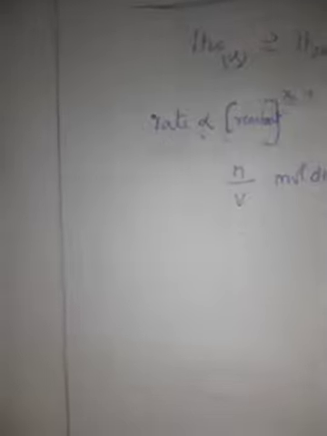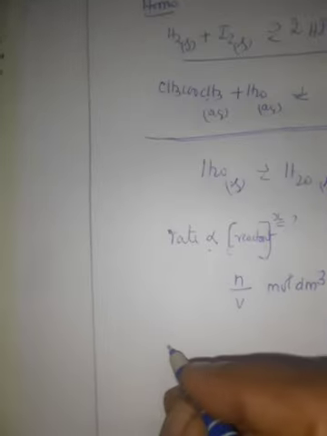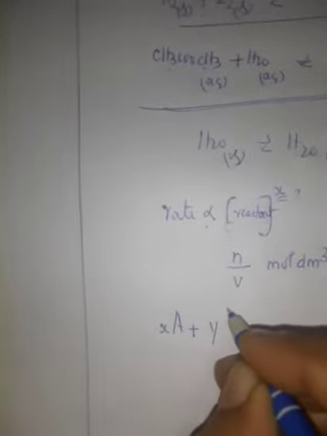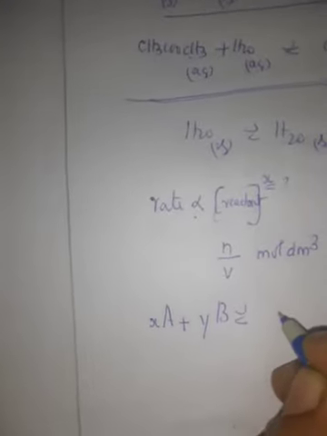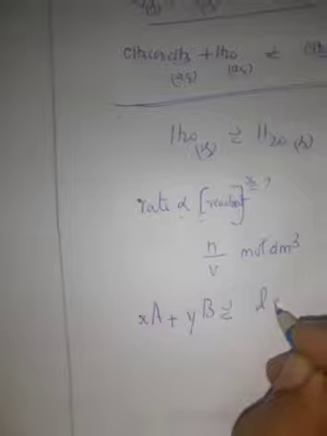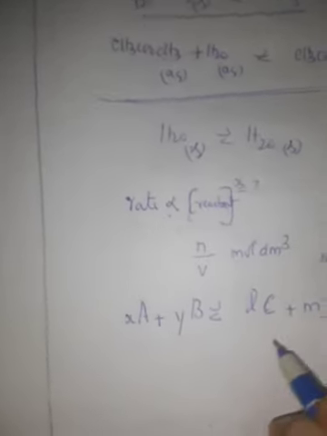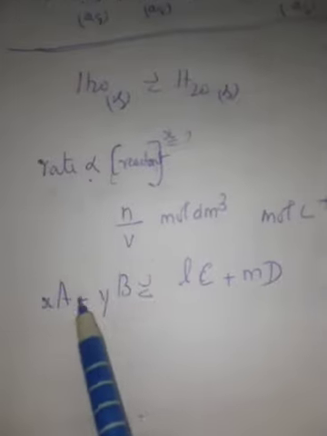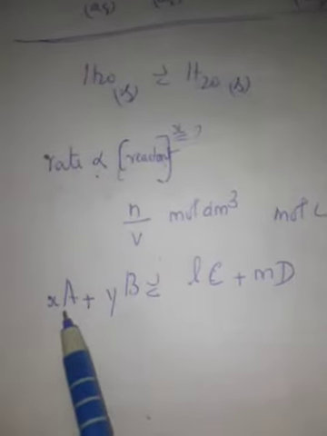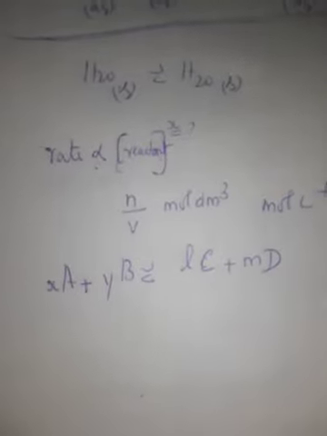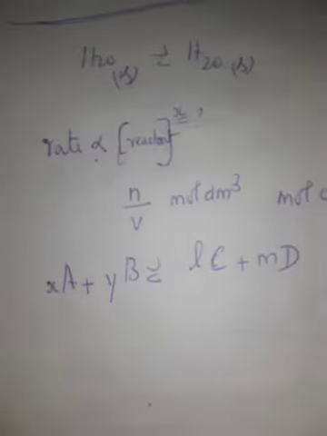Now consider a reversible reaction. xA plus yB giving lC plus mD. x, y, l, m are the stoichiometric coefficients.